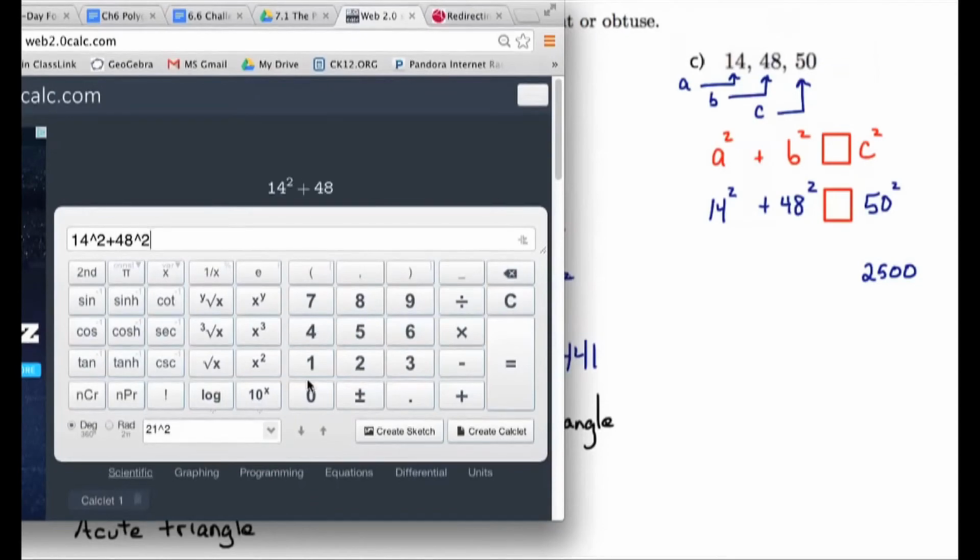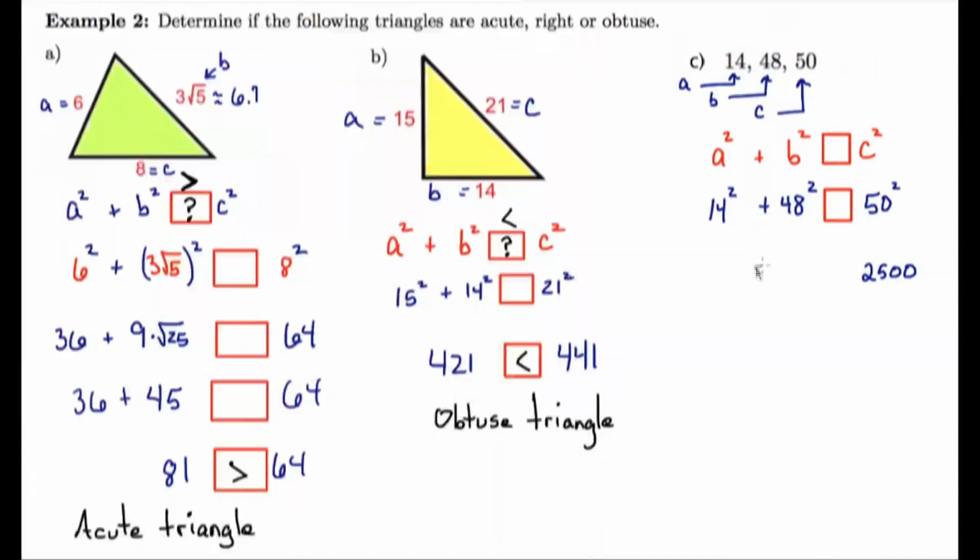So 14 squared plus 48 squared is 2500. So these are equal. So a squared plus b squared equals c squared. Well, it's right. And that's it. So we're just using the Pythagorean theorem to test if it's acute, if it's obtuse, or if it's a right triangle.